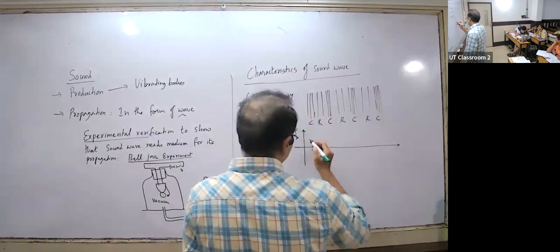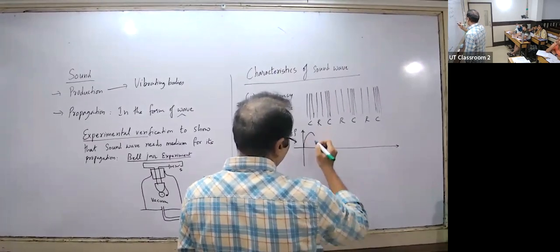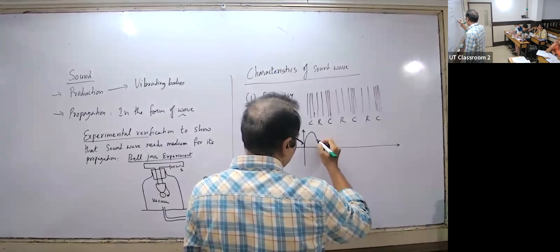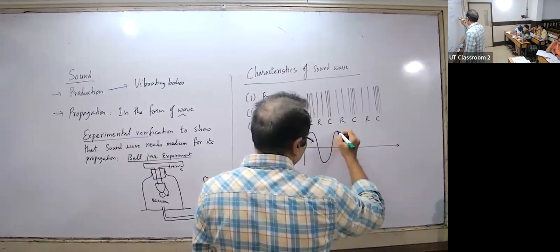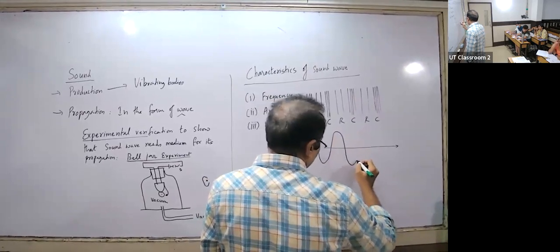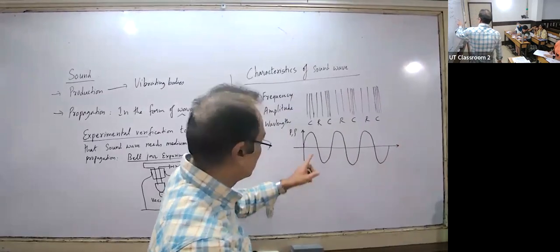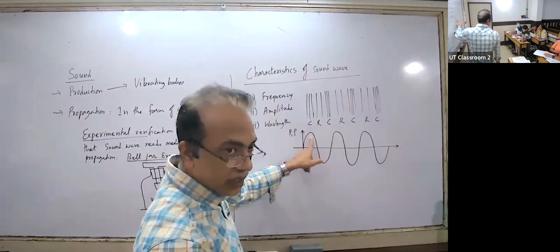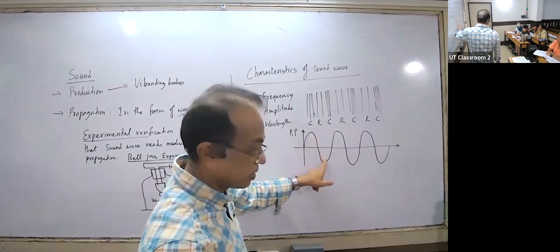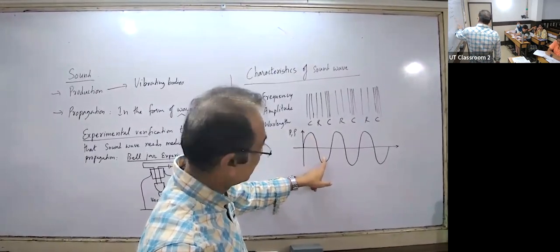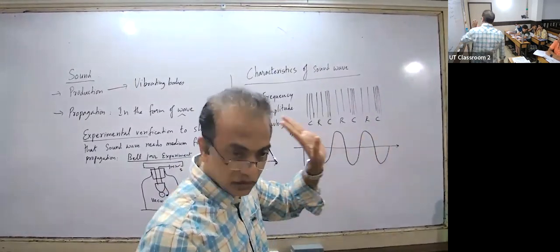So wherever you have high pressure, you will show a peak like this. Wherever the pressure is low, it is like this, a valley. You understand? So this is high pressure, that means compression, right? This is low pressure, that means rarefaction. Again compression, again rarefaction. Like that, it will proceed.